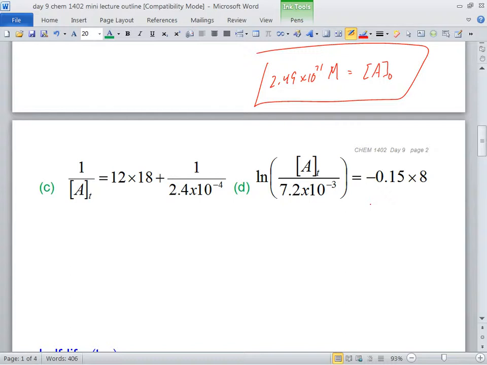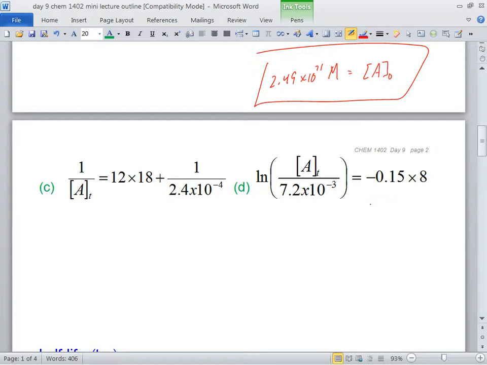How would you handle C? It's 12 times 18 plus 1 over 2.4 times 10 to the negative 4. What I would do is handle this part first. Just take 1 divided by 2.4 times 10 to the negative 4, then plus 12 times 18, because the calculator knows to do multiplication before addition.